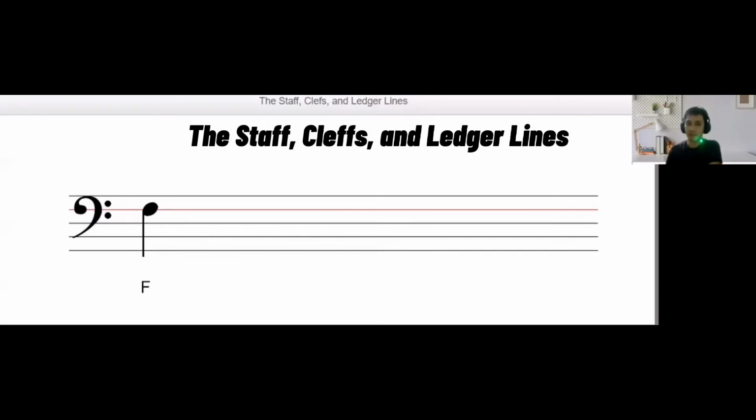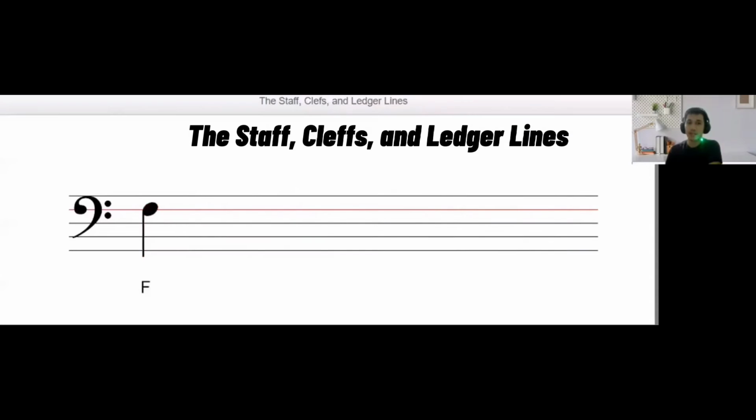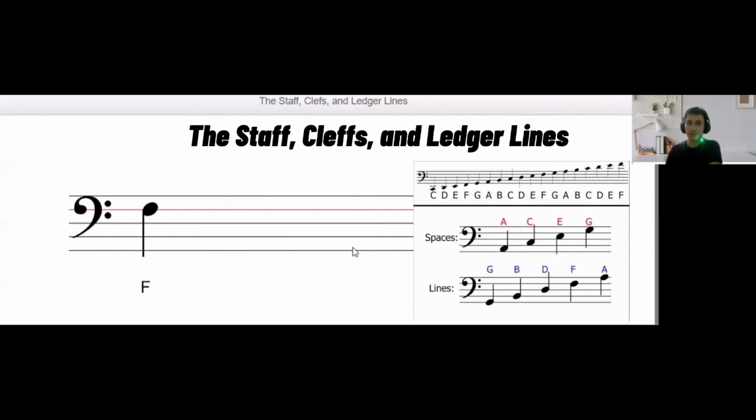Let us start with the lines of the bass clef: G, B, D, F, A. We can use the acronym Great Big Dogs Fall Asleep. And for the spaces, we have A, C, E, and G, or All Cows Eat Grass.